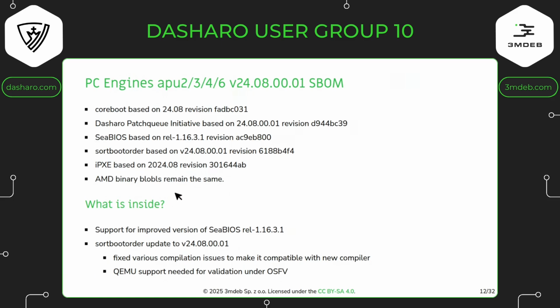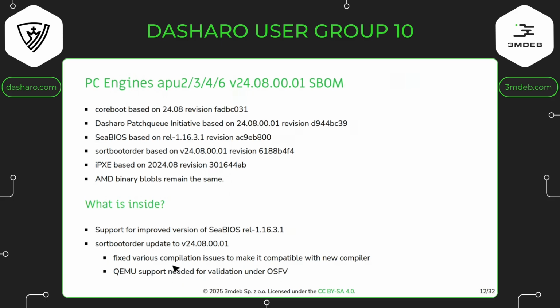We have a newer version of iPXE, and essentially all the AMD related blobs like microcode and AGESA stay the same. Another small improvement is that we switched to the newer compiler. Because of the new version of coreboot, we have to switch to the new toolchain.